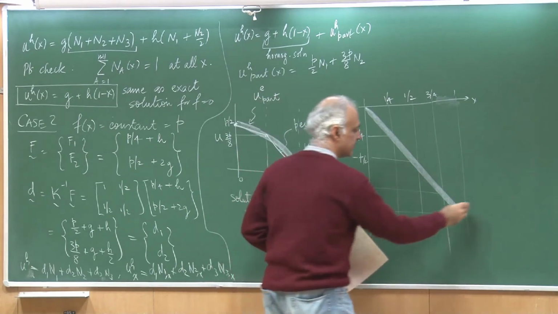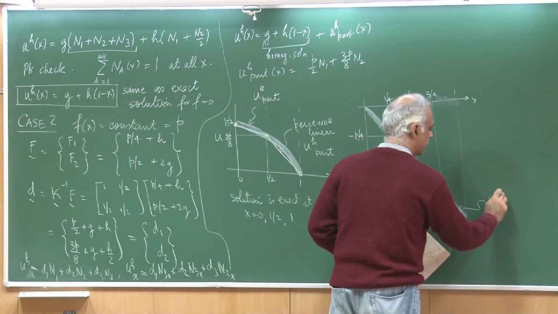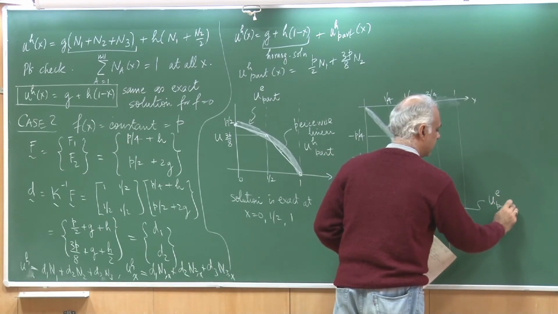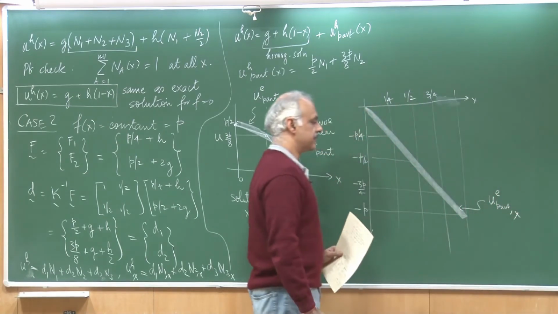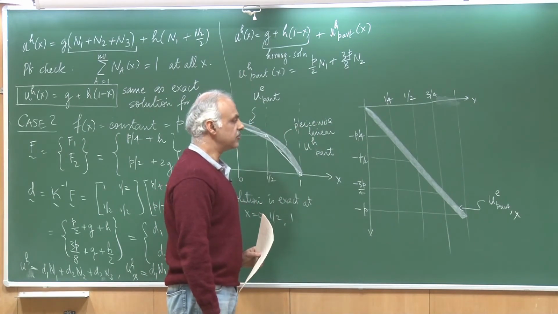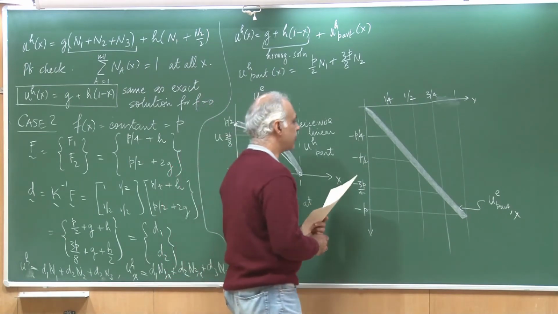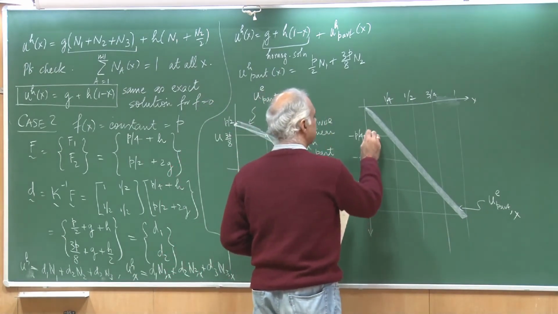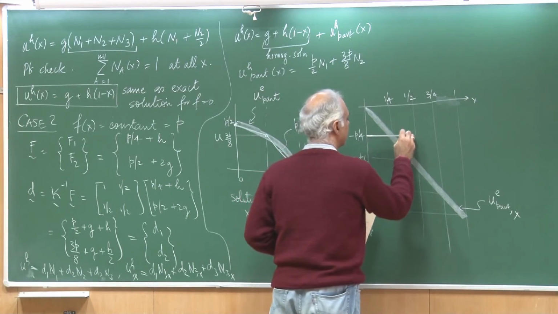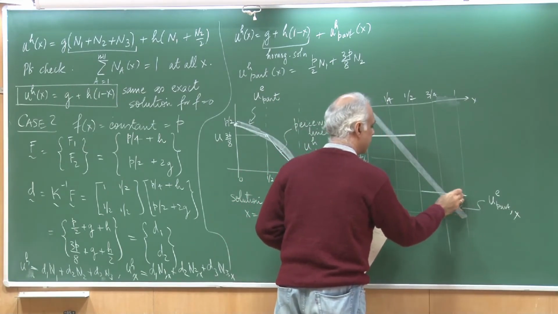So, this is the exact slope, u exact particular comma x. Because we are using two elements, in each element the slope is constant, and it should not come to you as a surprise. This is what the slope is from the finite element method.